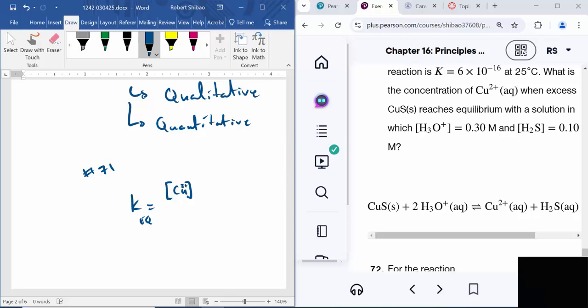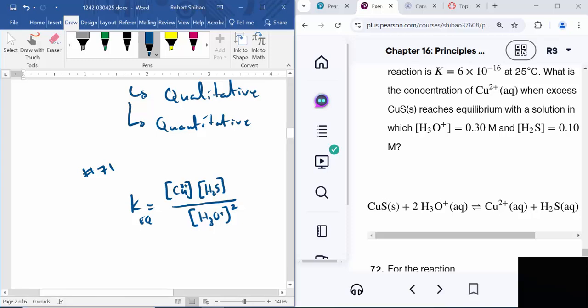And then H2S aqueous, we'll plug that in here. And then CuS, what's the activity of CuS, solid? It's 1, so I'm not even going to write 1 here. And then hydronium is going to be squared here.